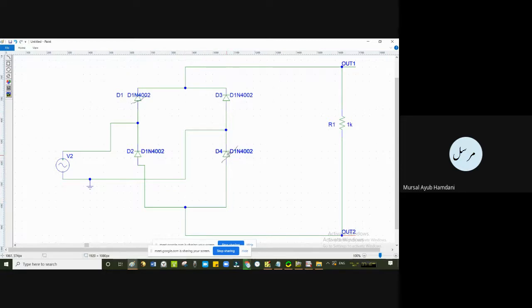D1 and D4 act as short circuit for the positive, while for the negative D2 and D3 act as short circuit or forward biased, accordingly helping us to get the output for both the positive and the negative part of the input waveform, input cycle. So full wave rectification using simple diodes, this is also done.